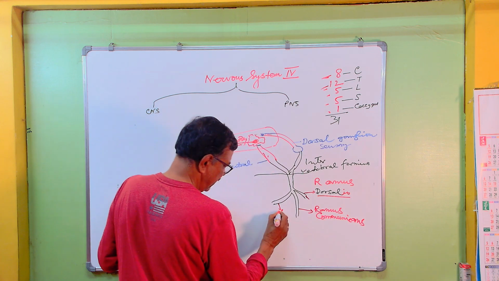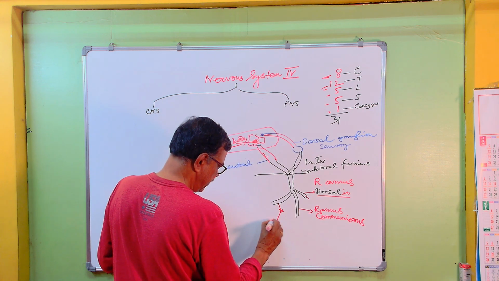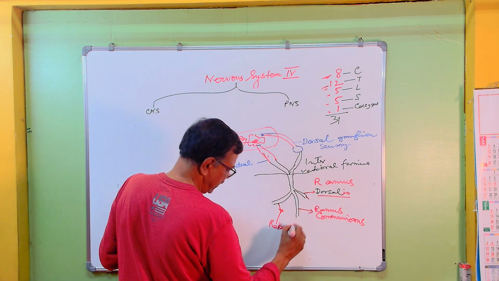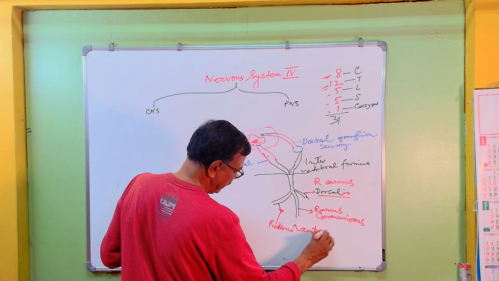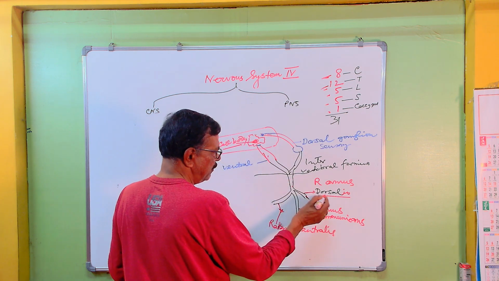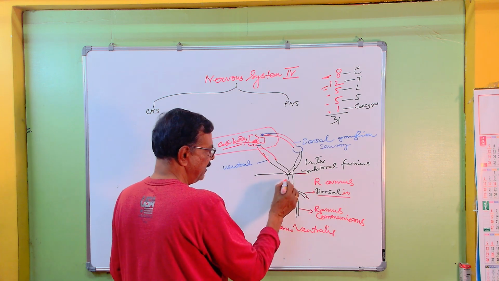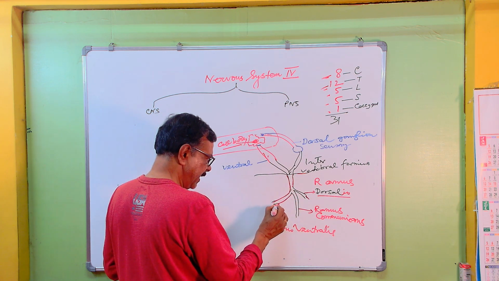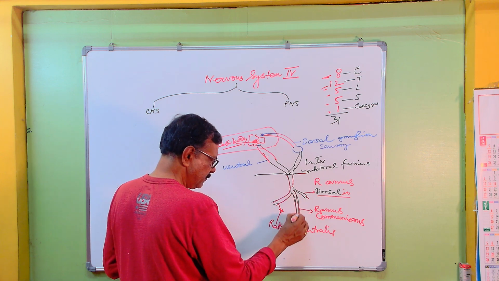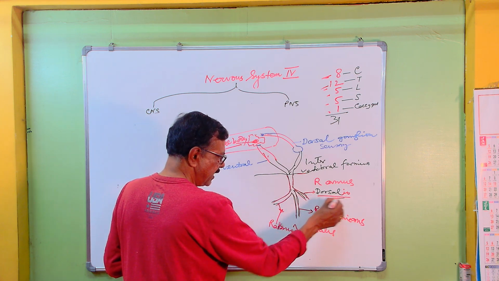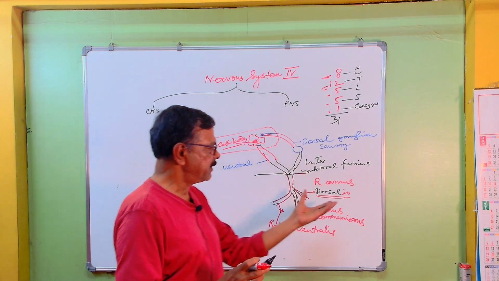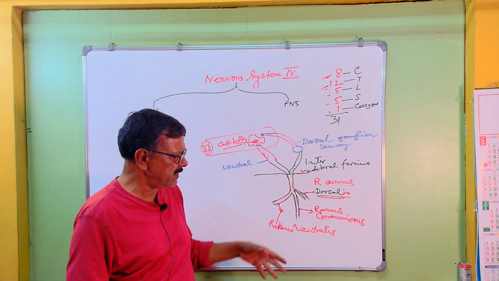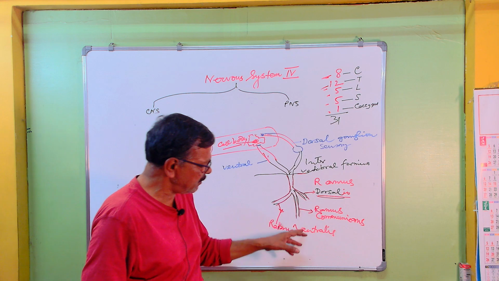Ramus dorsalis takes care of the impulses on the dorsal side, the back side. Ramus ventralis is on the ventral side, and this one is the ramus communicans.